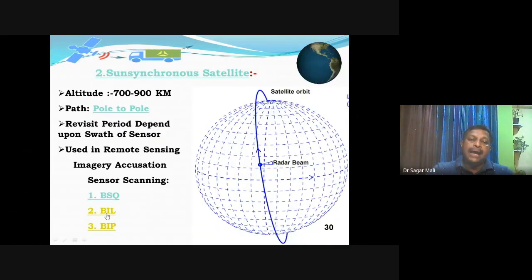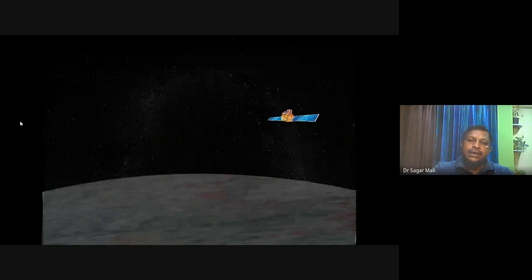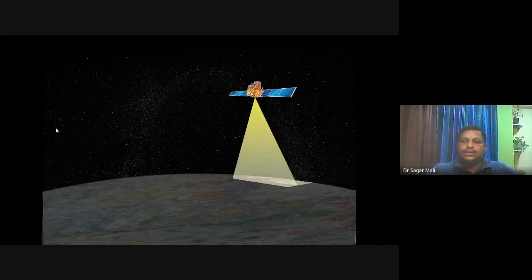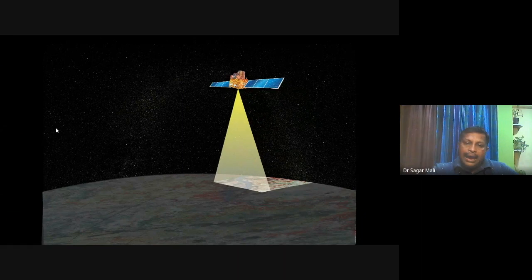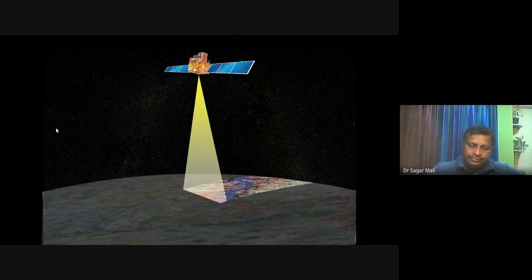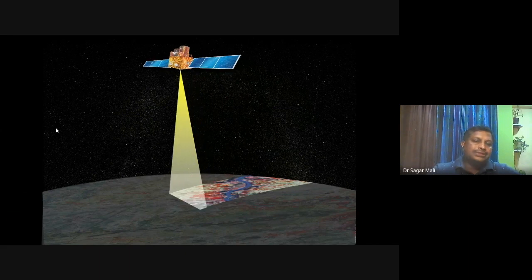Second is the BIL, band interleaved by line. Now see how the area is scanned line by line. Here the sensor is continuously on and scans in a forward motion. It's called a forward looking sensor.